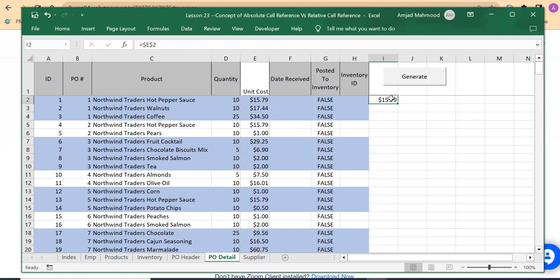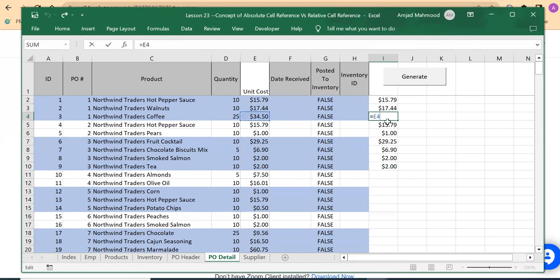The difference is that when I don't use the $ sign, it is E2, and I copy it downwards, the formula will change itself relatively. If it is copied downwards, E2 will become E3, then E3 will become E4.